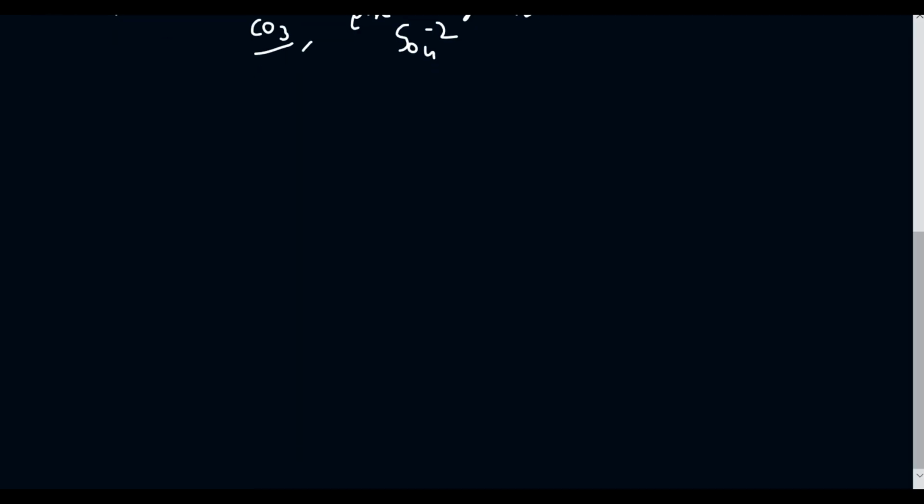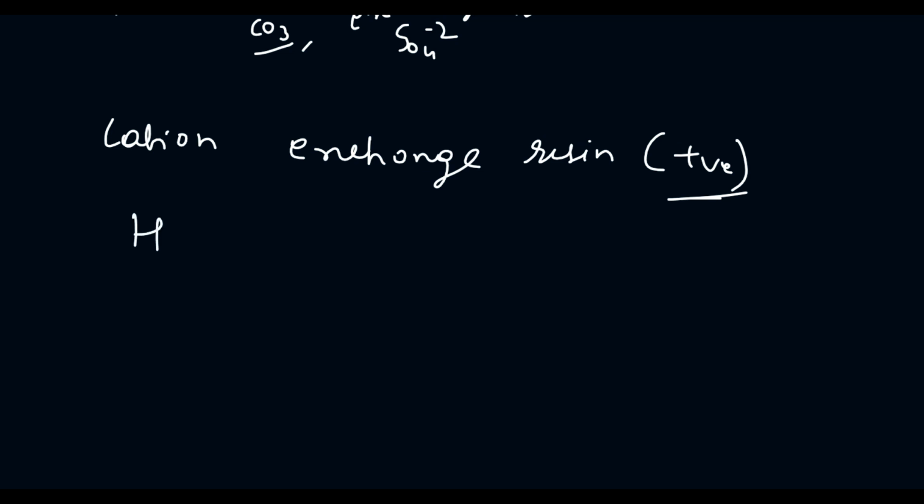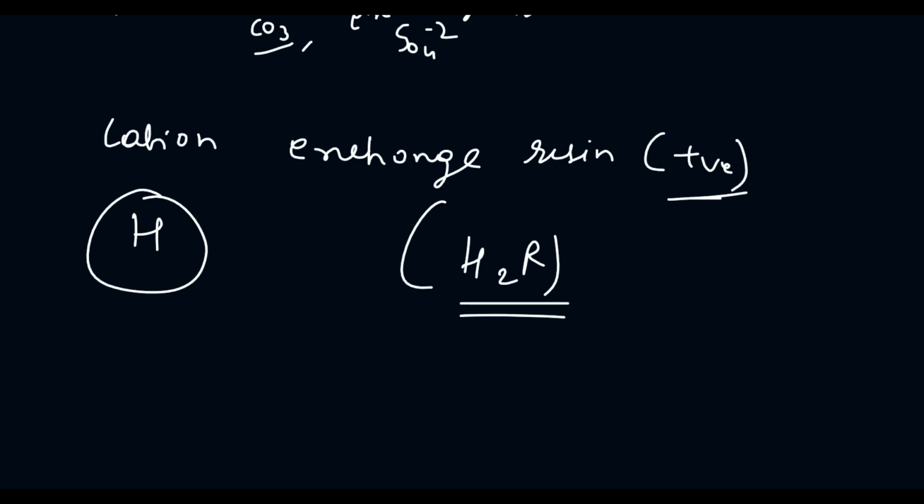In the cation exchange resin, that is absorbing positive ions from the water, it is absorbing the cation and giving the same number of hydrogen ions in the water. So its general formula is H2R.